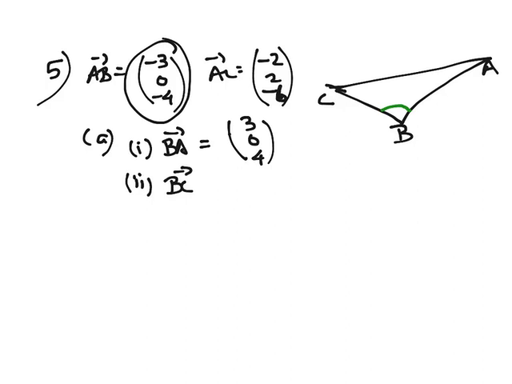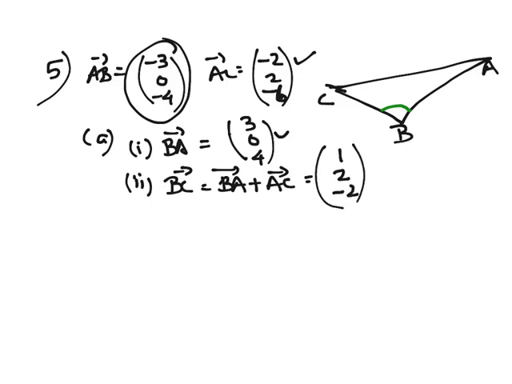BC can be written as BA plus AC. So we already have BA and we already have AC, so we just need to add them. You'll get 3 minus 2 is 1, 0 plus 2 is 2, 4 minus 6 is minus 2. So BC is (1, 2, minus 2). The next question is find cos of ABC.